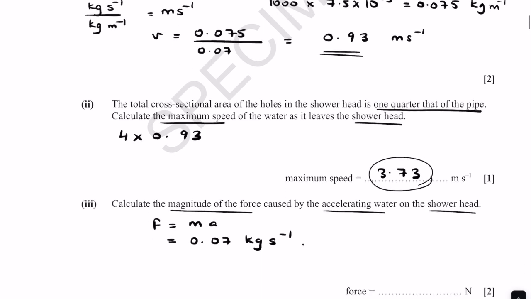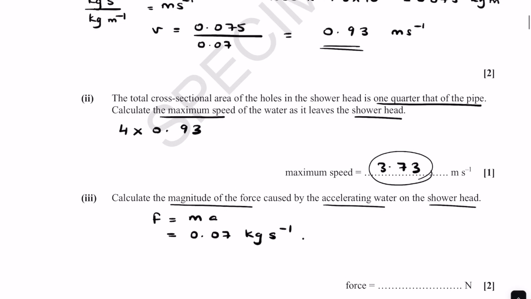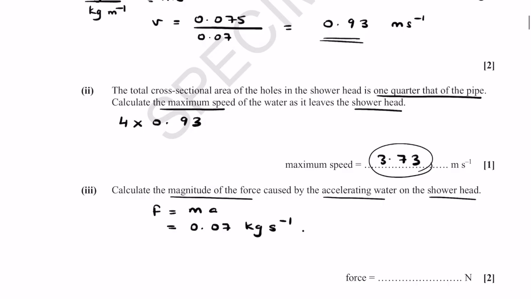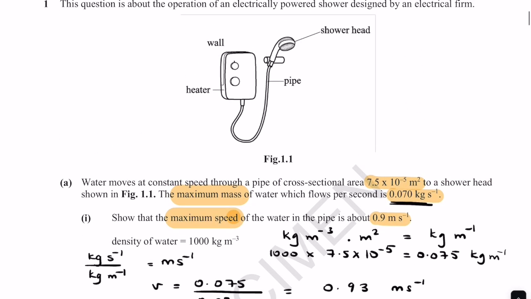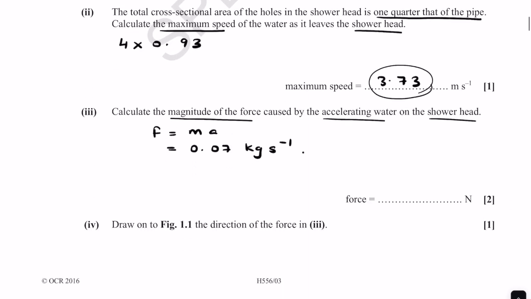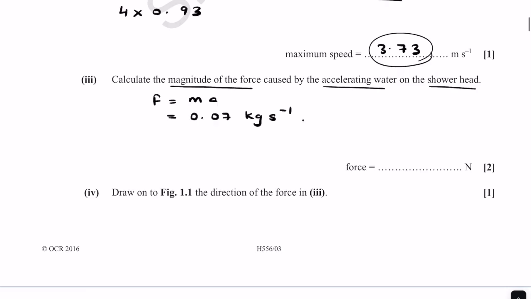So it is going to be the difference between the two, because the water is flowing into the pipe, and the water is going out through the holes. The force that they will exert on the shower head will be like that. I might have already answered part IV.